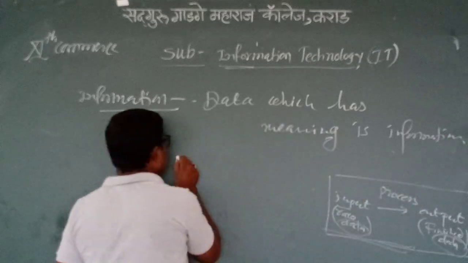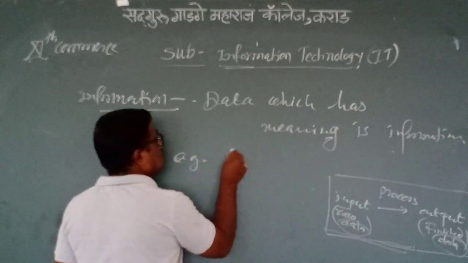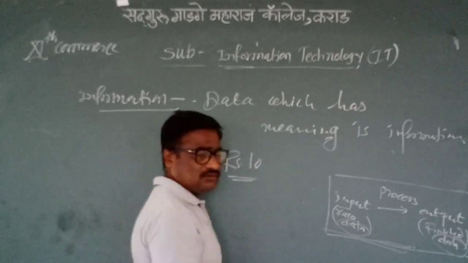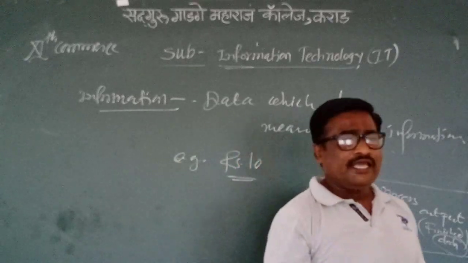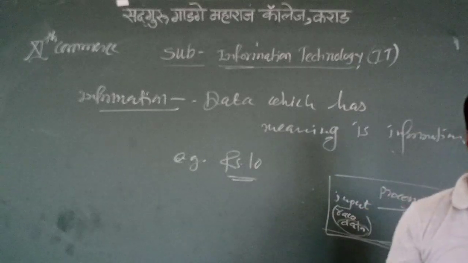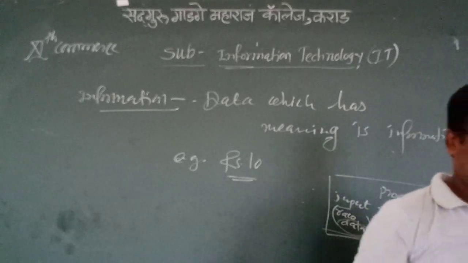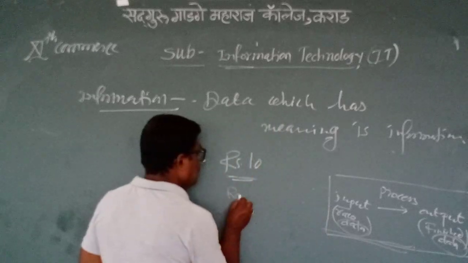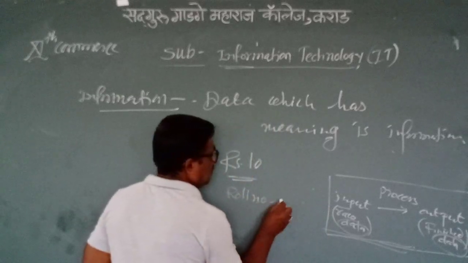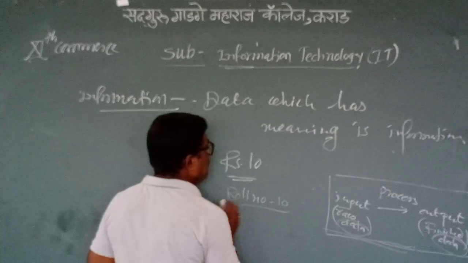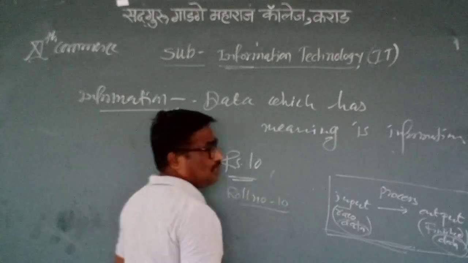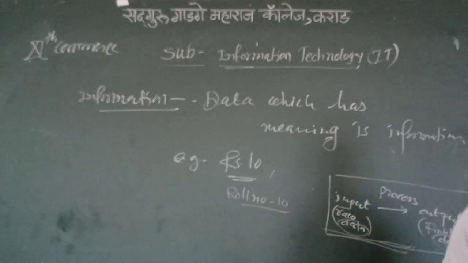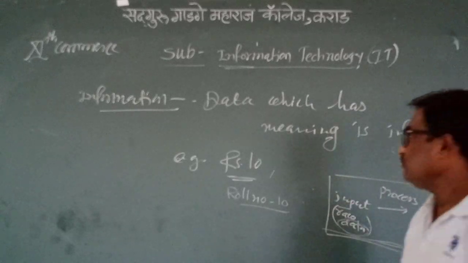For example, here is rupees 10. It has a meaning. 10 has no meaning, it is data. But rupees 10 has a meaning. Roll number 10 has a meaning. Therefore, the data which has a meaning is called information.